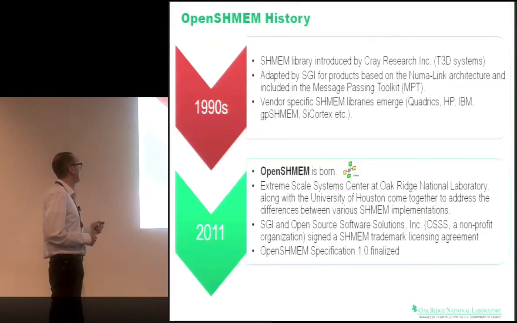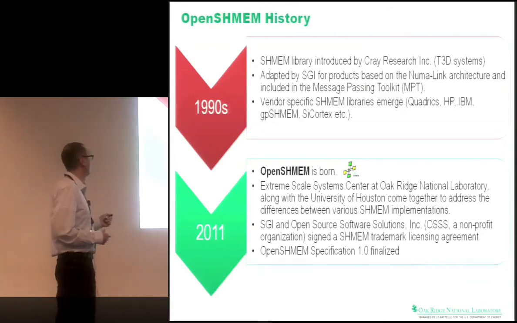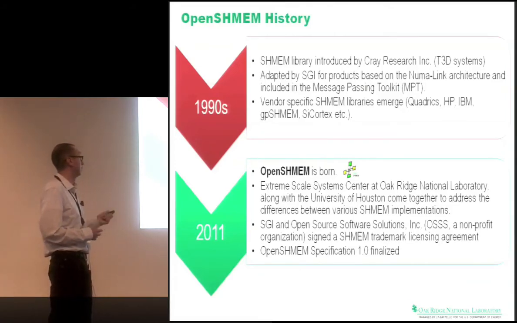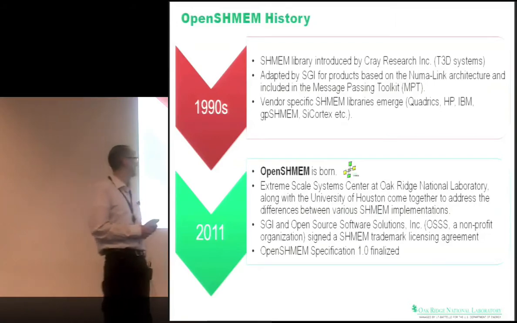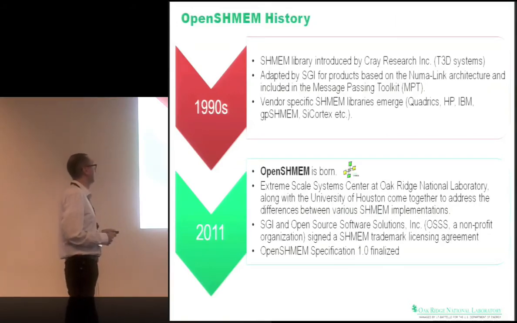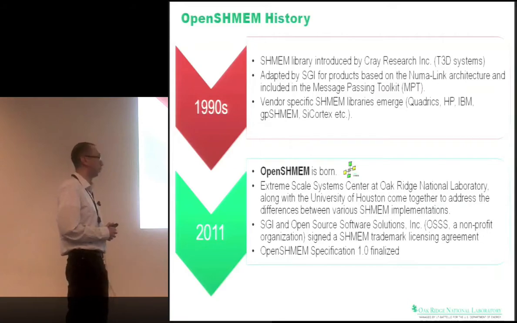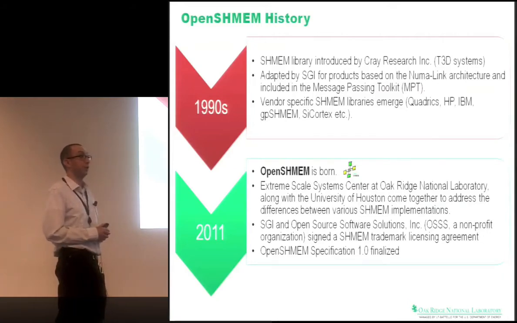In 2011, OpenSHMEM was born. This was an effort of the Extreme Scale Systems Center in Oak Ridge and the University of Houston. Essentially, the goal is to address the differences between SHMEM implementations. We released specification 1.0, which is essentially based on the original SGI SHMEM.